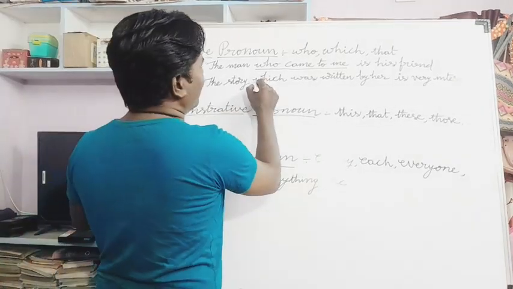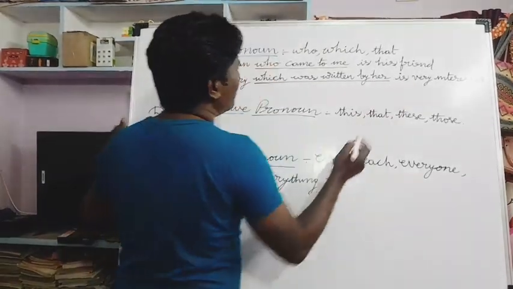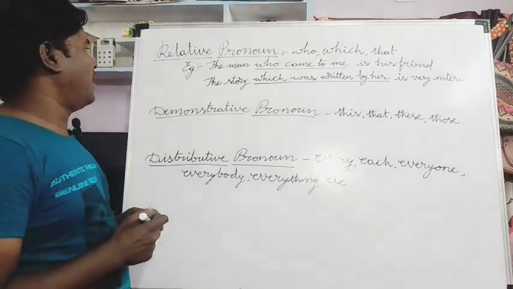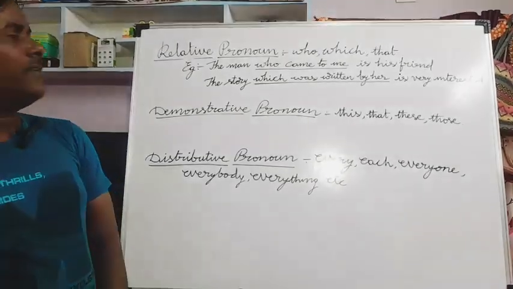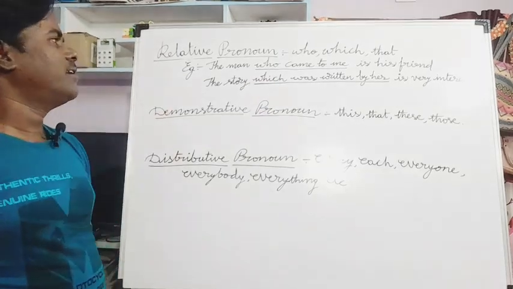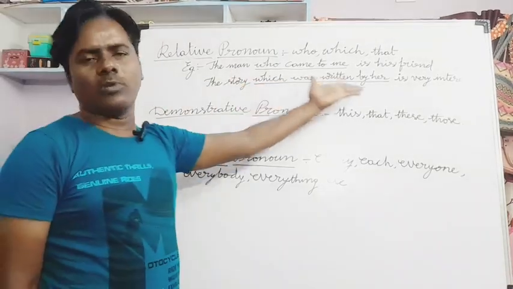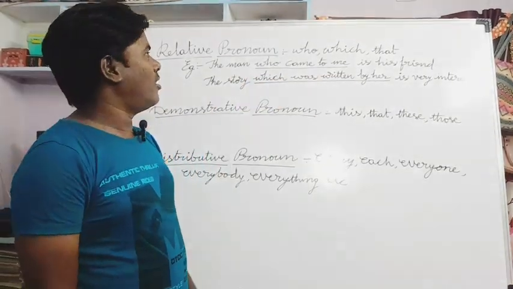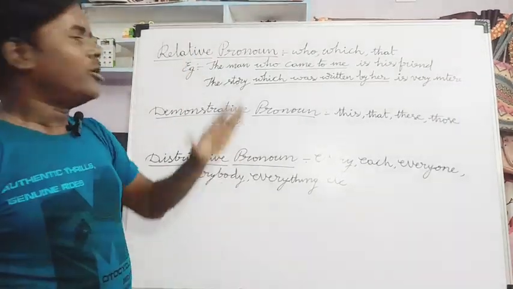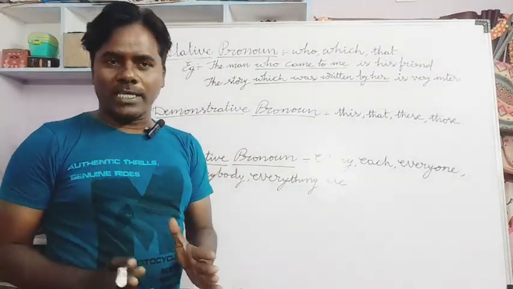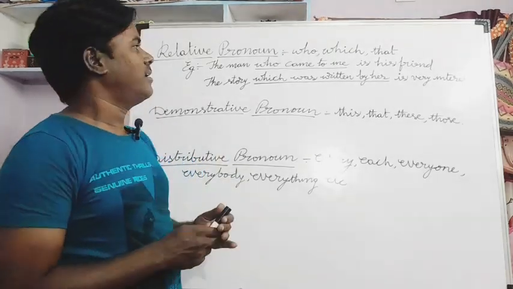Here, which was written by her is a clause, and the story is very interesting is another clause. Here also we use which to combine these two clauses, right? Like that, a relative pronoun is used to combine two clauses or two sentences.